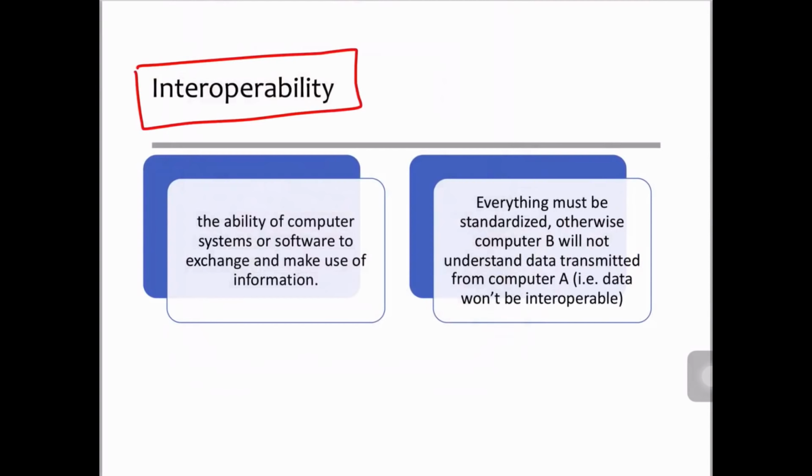Now you see, interoperability: inter plus operability, or inter meaning cross, so cross operability or cross portability. How can we define it? We define it as the ability of computer systems or software to exchange and make use of information.